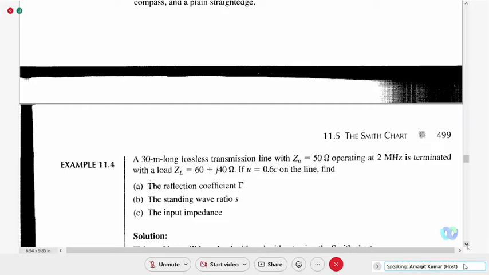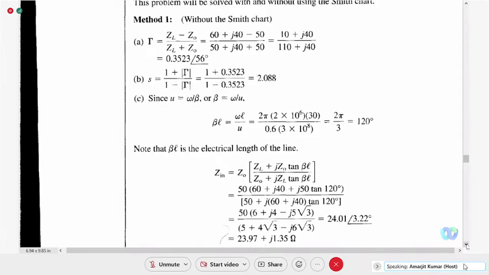What is the value of the standing wave ratio? What are you getting? So it is equal to 2.088.